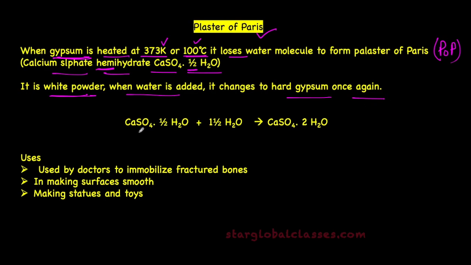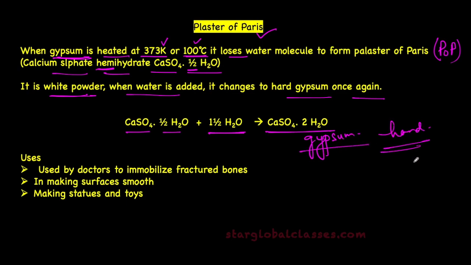The reaction is calcium sulfate half water plus 1.5 water, it becomes calcium sulfate 2 water. It is gypsum. And gypsum is a hard substance which remains hard for a long time.